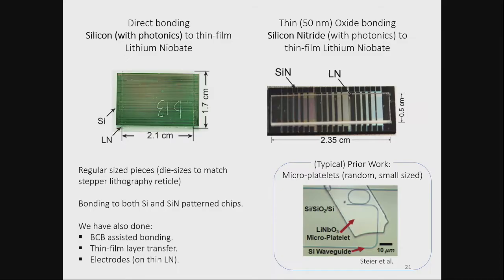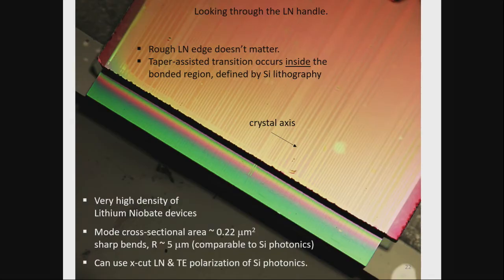And so, even though this edge looks fairly rough, the light, as it goes underneath this, remains in silicon, and that's a pristine waveguide, foundry fabrication. Somewhere in here, we have a taper that tapers down the silicon, nothing in lithium niobate, and it pulls the light into lithium niobate. And so by lithography in silicon alone, we can bring the light into lithium niobate and bring it back down out of lithium niobate.